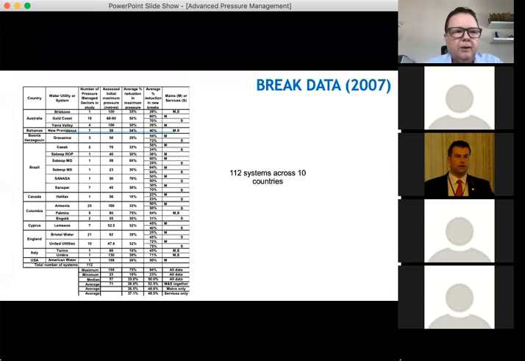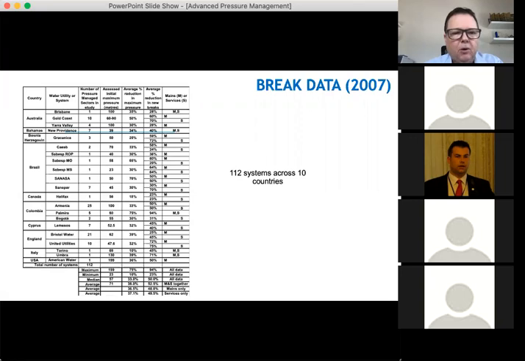There's been a lot of analysis that has gone on in terms of doing pressure management and trying to analyze the reduction in new breaks. These are just a few of the tests that were done, and you can see it's quite a global mix.